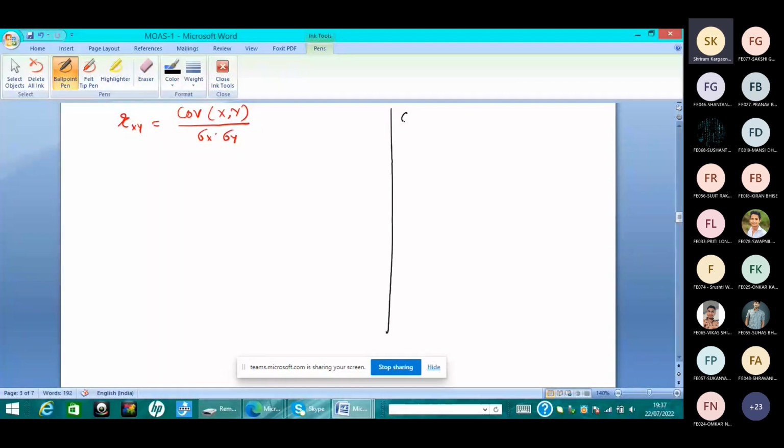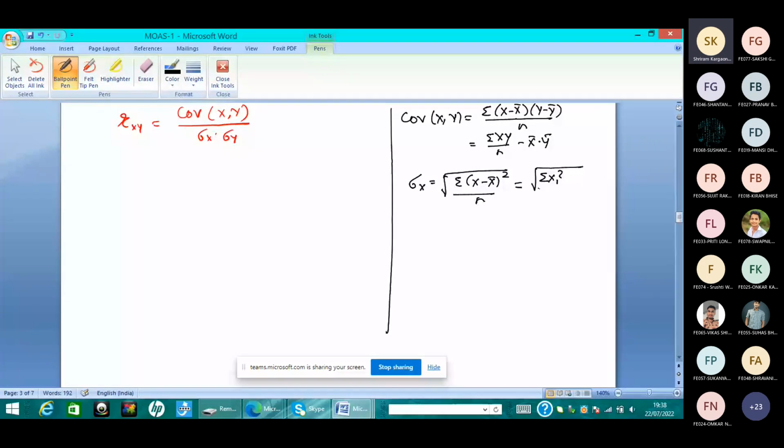Now covariance, you know the formula: summation of x minus x bar into y minus y bar upon n, or it can be written as summation xy upon n minus x bar into y bar, right? Now sigma x means the standard deviation of x. You can write it as the square root of summation of x minus x bar whole square upon n, or summation xi square upon n minus x bar square.